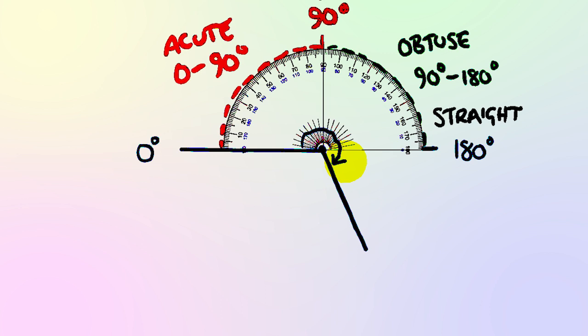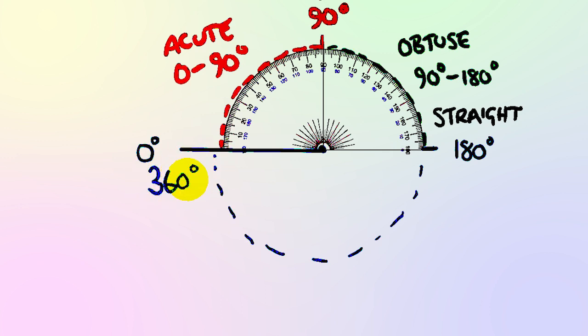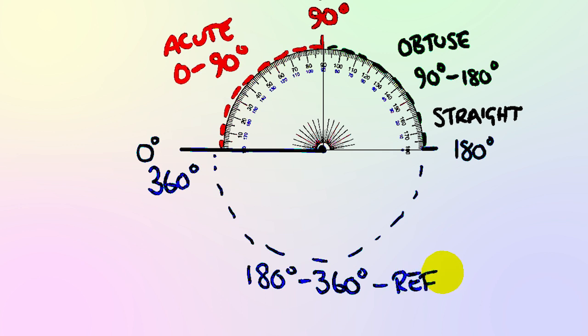If this is the case, we're going beyond just any of these angles, and we hit this zone in here, which anywhere within this zone, anywhere right around, all the way back to 360 degrees, is called a reflex. So any angle which is 180 degrees to 360 degrees is called a reflex angle, okay?